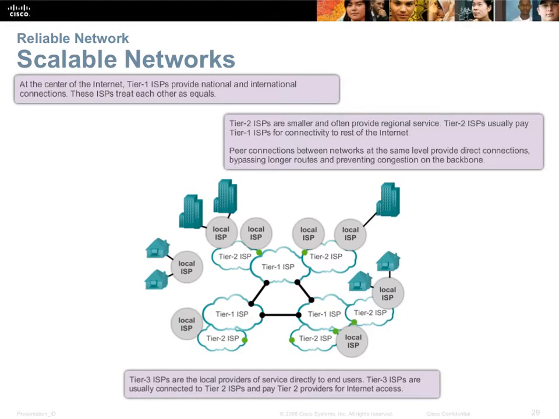Again, they have a fairly sophisticated infrastructure, right? And they offer this infrastructure to give the service to users like ourselves. But in order for them to do that, they have to get service from tier 2 service providers, which in turn gets the service again from tier 1 service providers. So your communication end-to-end passes through different tiers of service provider until it goes all the way to the end.